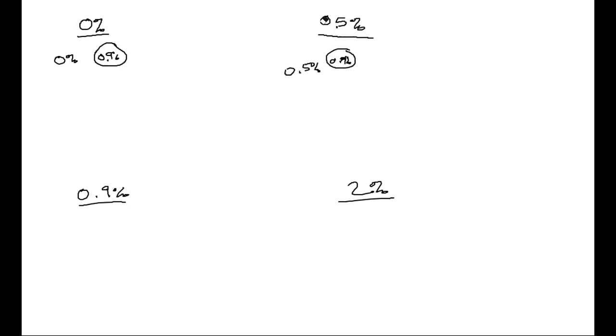Let's do the eraser. Try this again. So 0.9 inside the cell and 0.5 outside the cell, right? For this one, it would be 0.9 inside and 0.9 outside the cell.